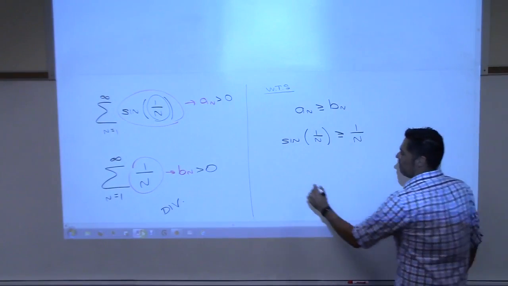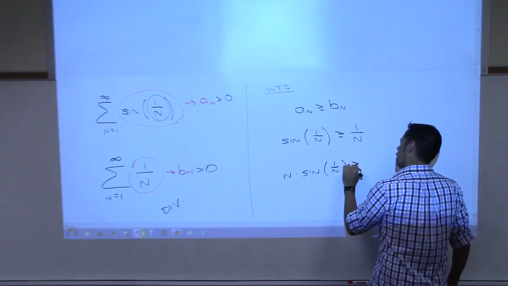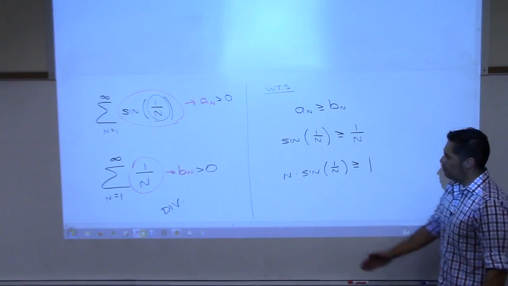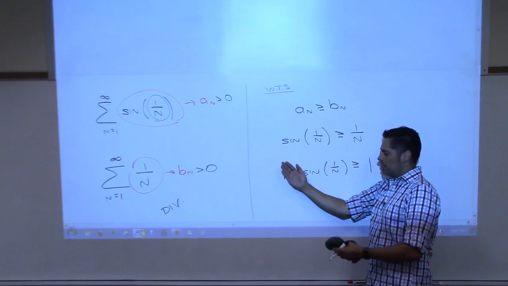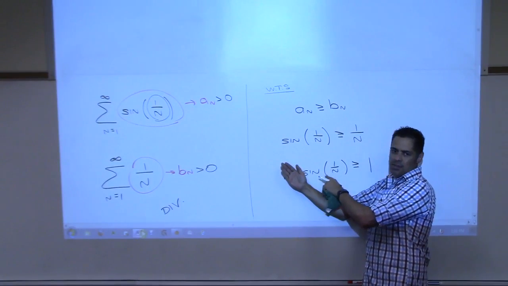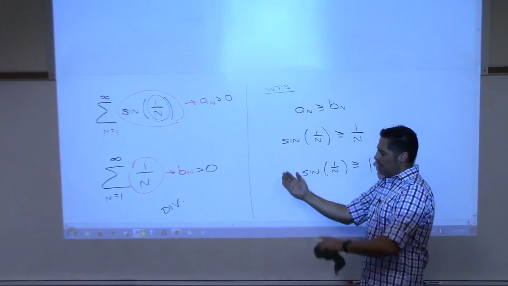I mean, we can multiply both sides by n. If it were just this, I would be able to draw a conclusion because I know that sine is always less than or equal to 1. But the n is growing.